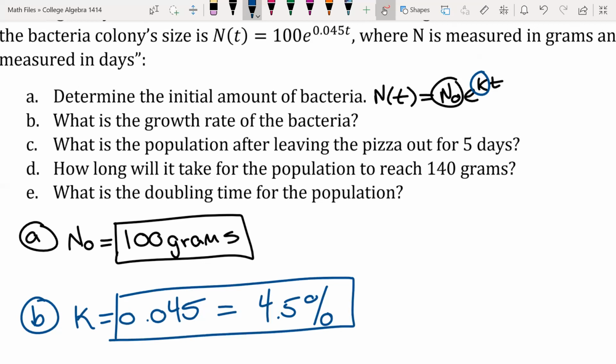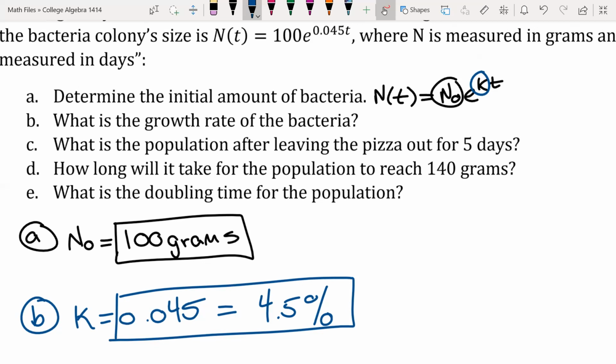All right. And then C, what is the population after leaving the pizza out for 5 days? So all we're going to do here is plug in 5 for t.